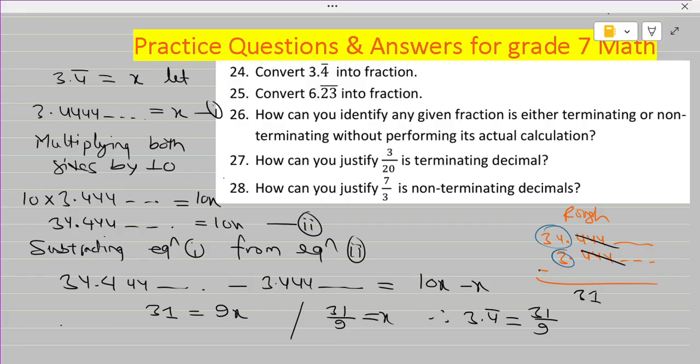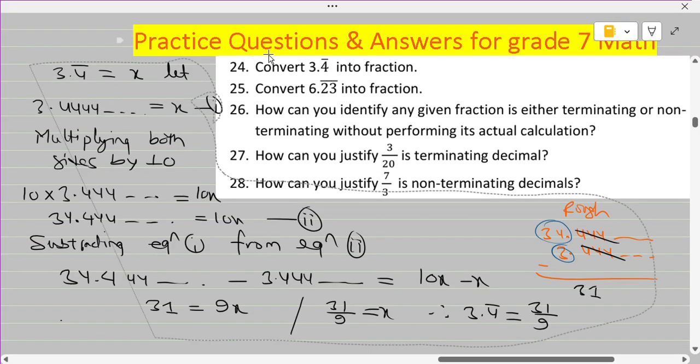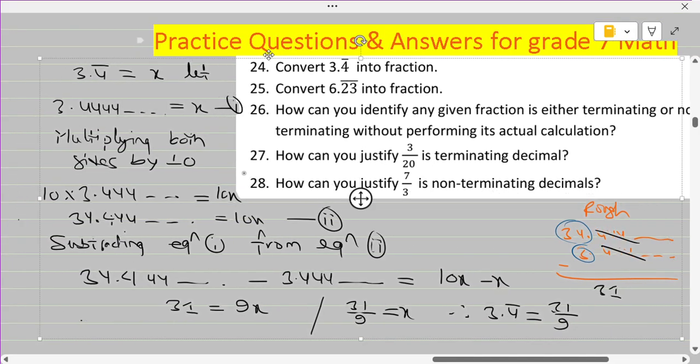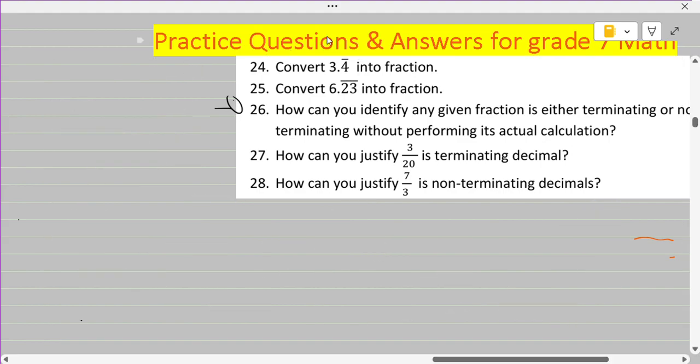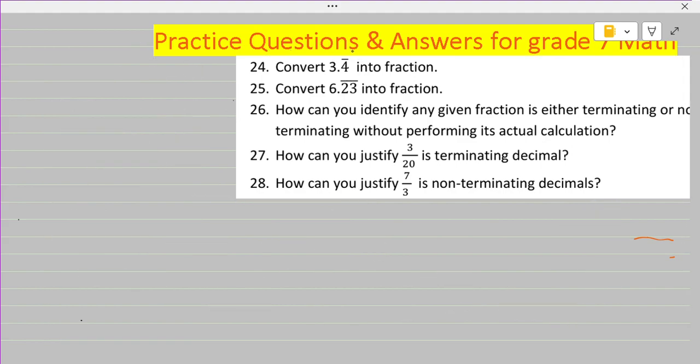And now in the same way we go for number 25. Okay, so for number 25, convert 6.23 bar.